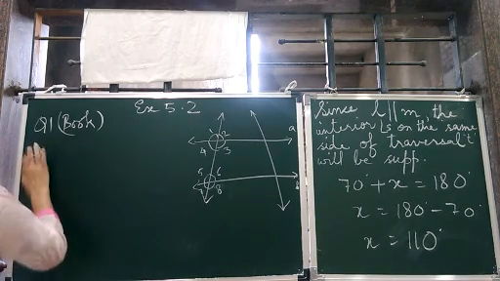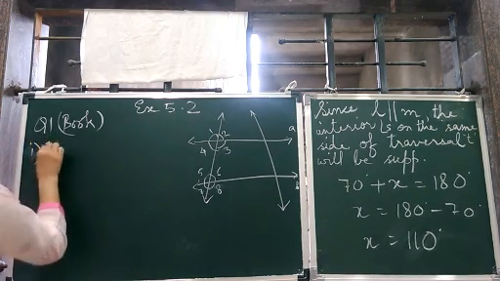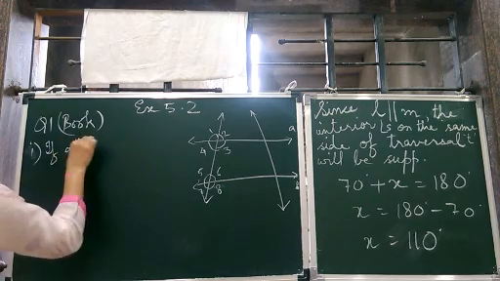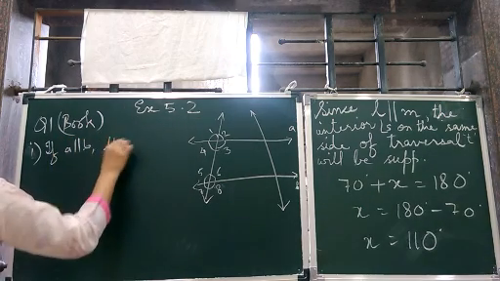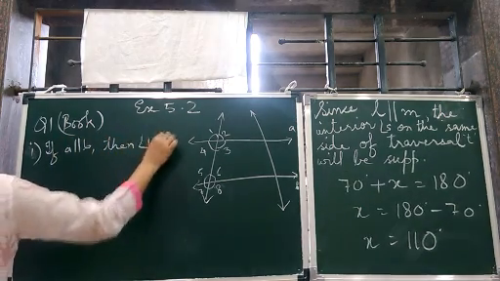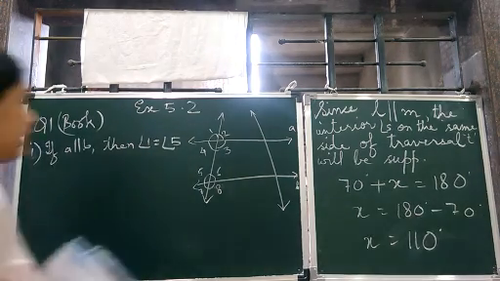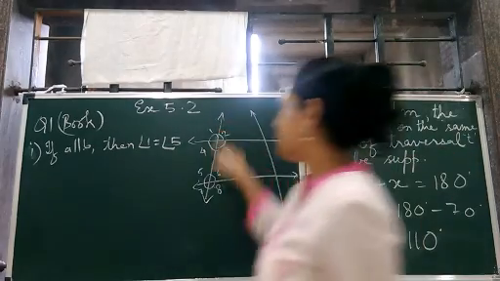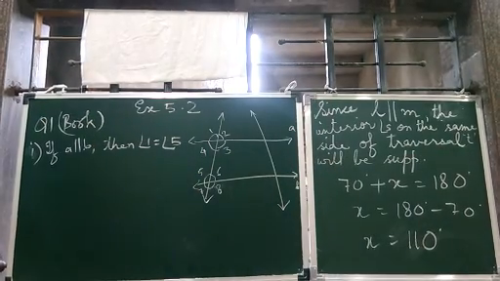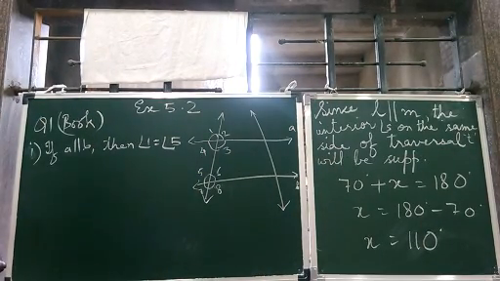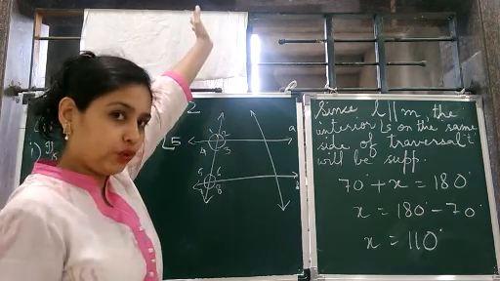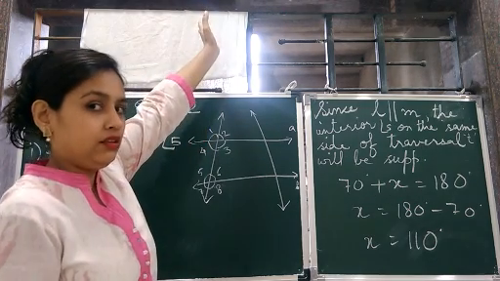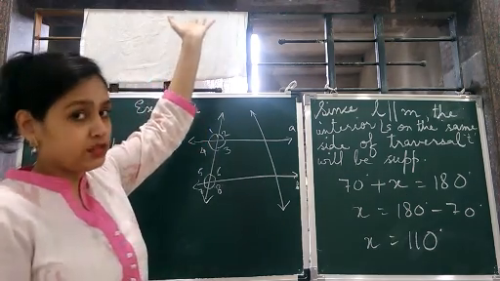The statement is, if A is parallel to B, then angle 1 is equal to angle phi. Angle 1 is equal to angle phi. You can see they both are turning in one direction only, and they are on the same side of the transversal also.